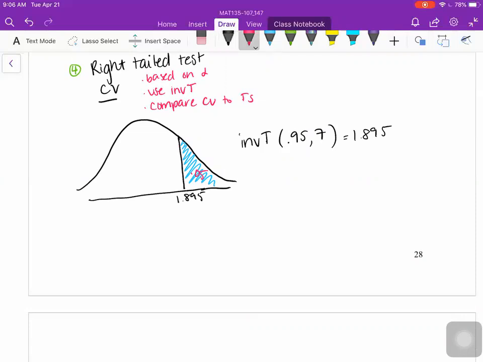Comparing this to our test statistic of 1.04, 1.04 lies over here, which is outside of the rejection region, so our decision is fail to reject the null hypothesis. Our conclusion will begin, there is not enough evidence to support the claim.